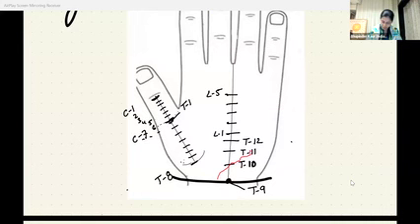So L2, L3, L4, L5. And this is sacrum region, sacrum from S1 to S5. And last, this part, this is coccyx, tailbone.